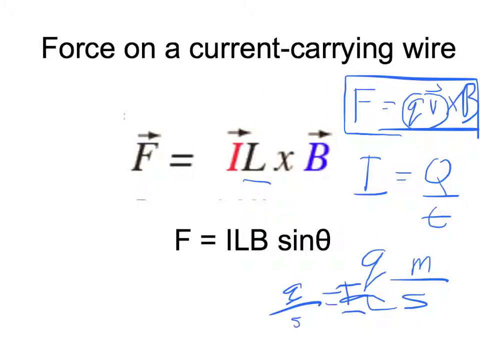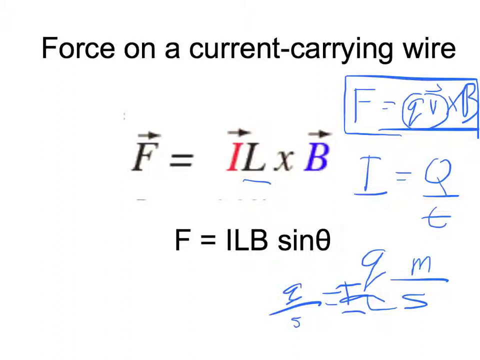So force is current times length of the wire carrying the current crossed with the magnetic field, very similar to QV cross B. If you're asked to figure out the strength of the magnetic force on a current carrying wire, the cross product reduces to, mathematically, F equals I times L times B times the sine of the angle between them.